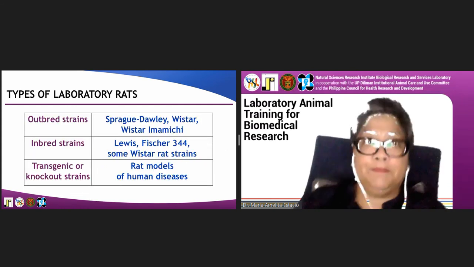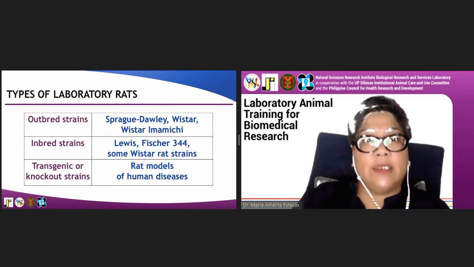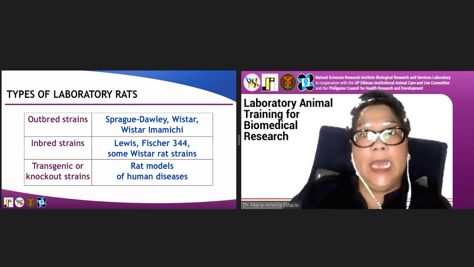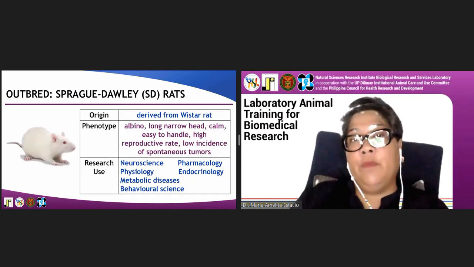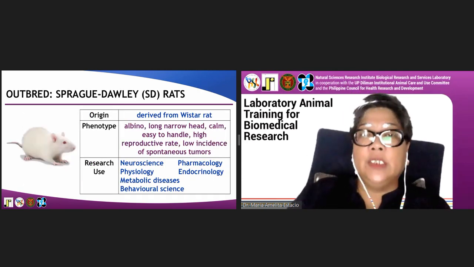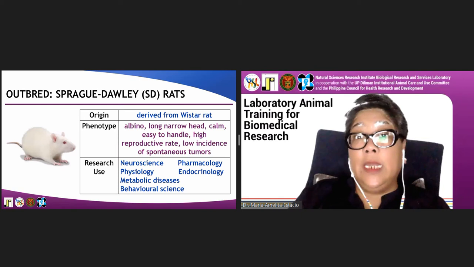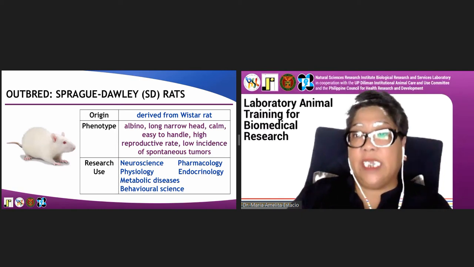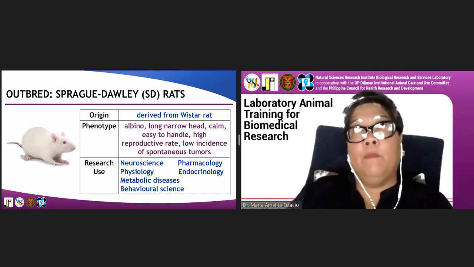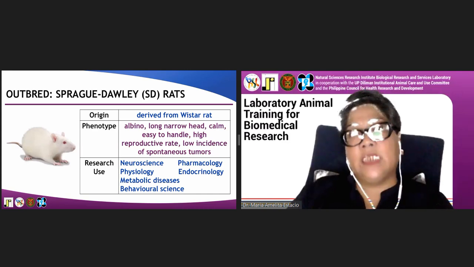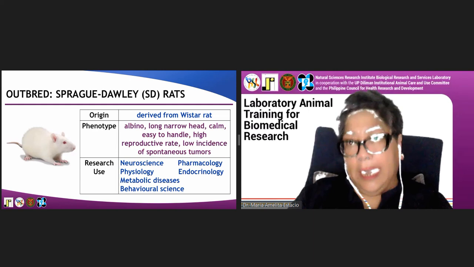So again, laboratory rats are classified as outbred, inbred, or transgenic, and we will be discussing some of them. So starting off with the Sprague Dawley rats. The Sprague Dawley was developed in the US, but this is derived from the Wistar rats from Japan. And if you were buying your rats before from FDA in Alabang, this is the strain of rats that they have.